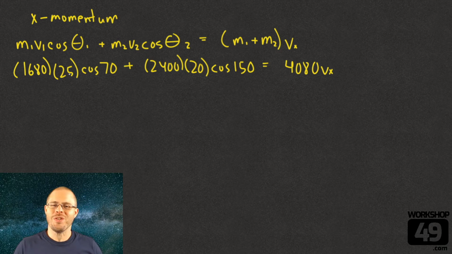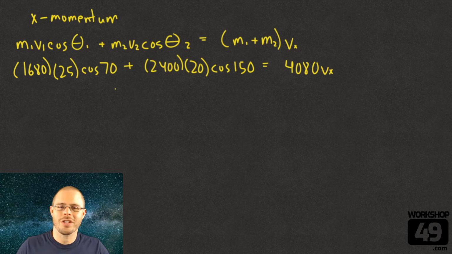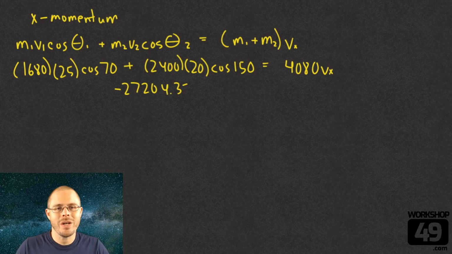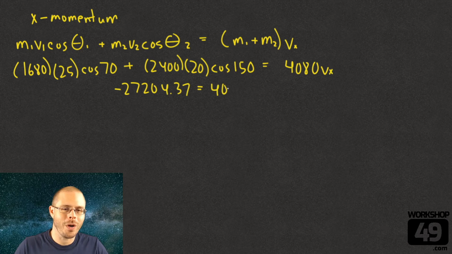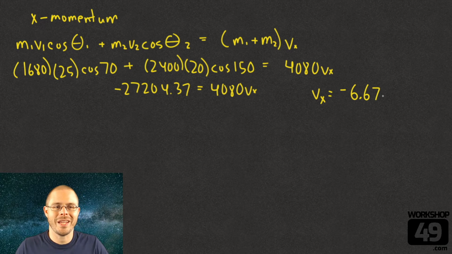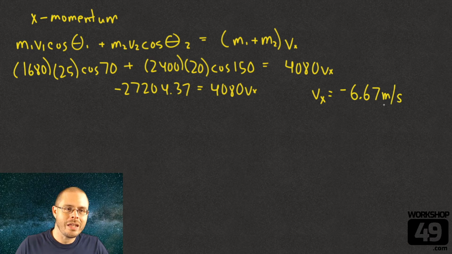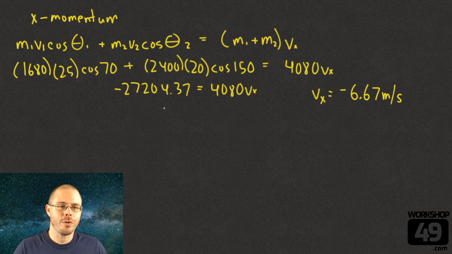If you've got this far, you can clean this up in your calculator. You're just going to chug out those numbers on the left-hand side. It's going to equal negative 27,204.37. That's going to equal, still on the right-hand side, our 4,080 Vx. To get Vx all by itself, we divide both sides by 4,080, leaving us with negative 6.67 meters per second.